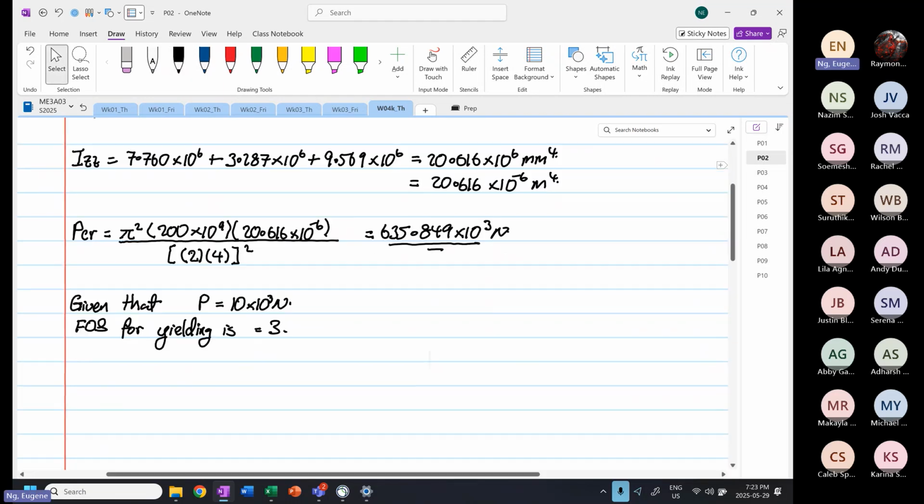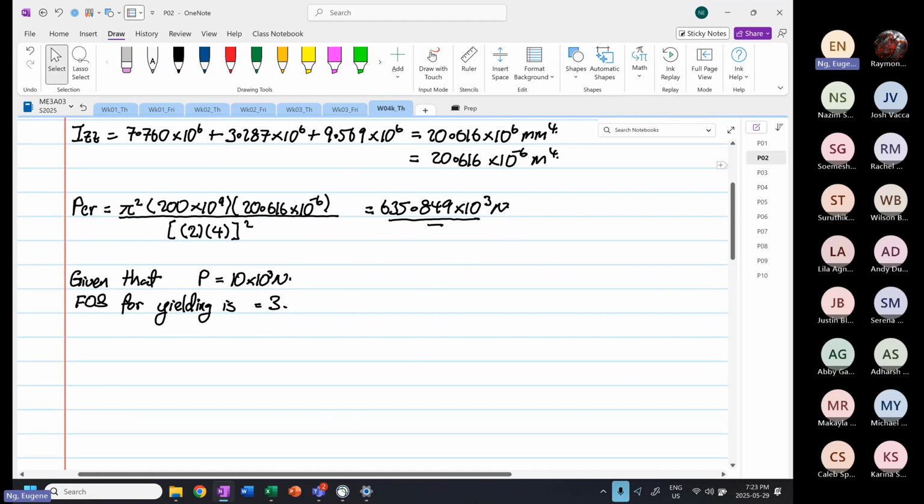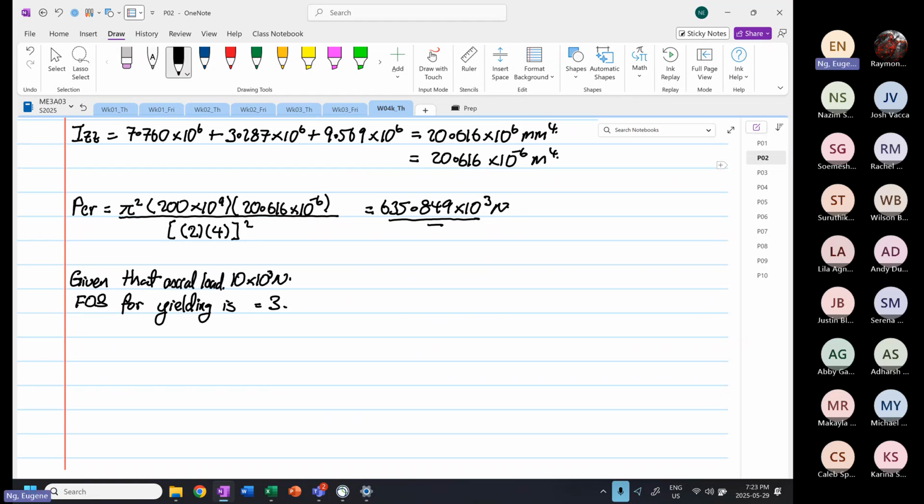So given that the axial load, the factor of safety is 3.